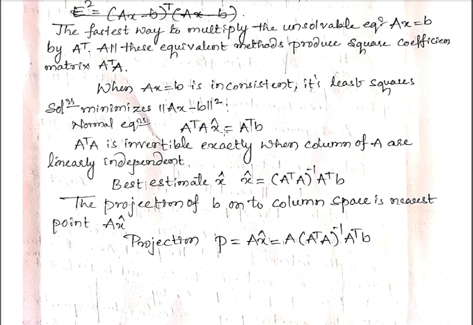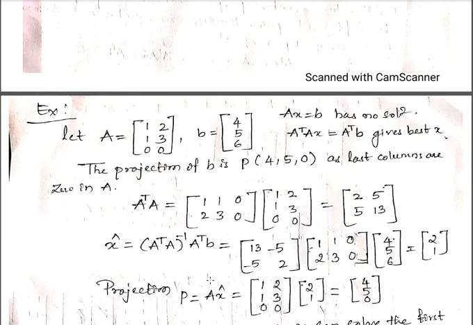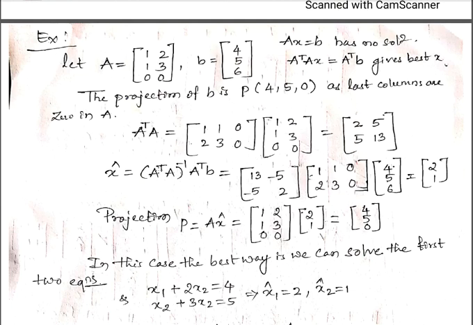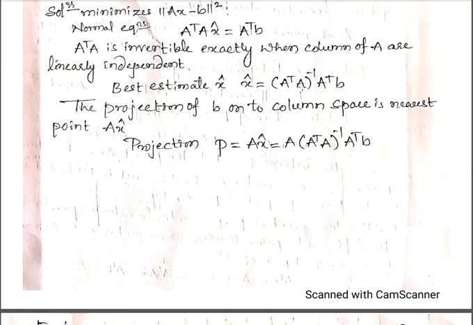So by this, the value of x cap is, when this A transpose A goes to the other side, certainly this equation. So we have to solve this equation to get the values of those unknowns. Now let's use that. X cap is the inverse of A transpose A times A transpose B.